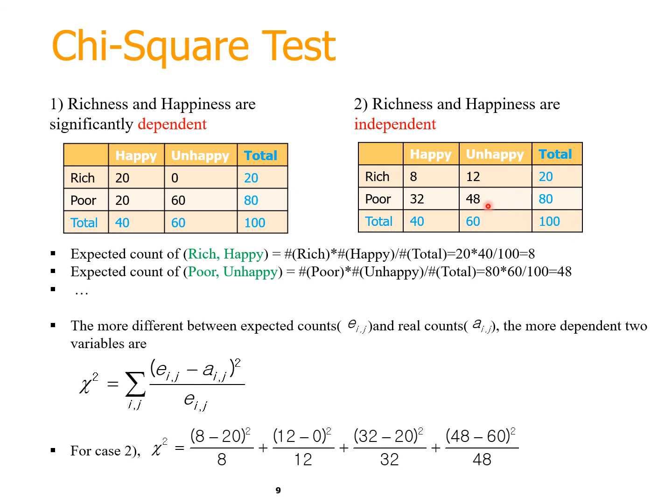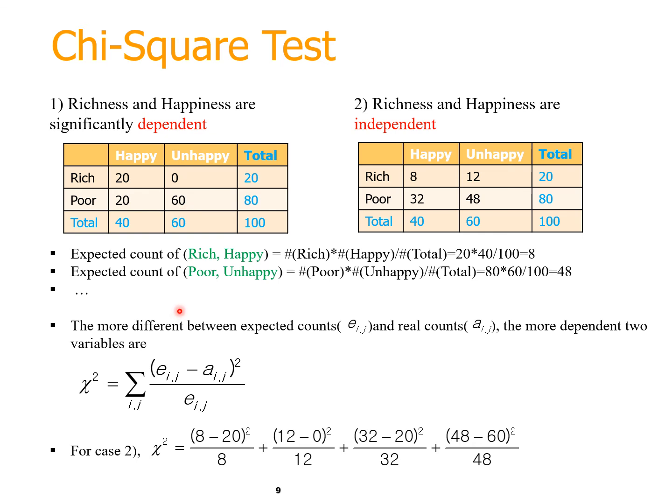And for the case of poor unhappy, you can compute the expected count by computing 80 times 60 divided by 100. So it's mentioned right here. So you have expected counts, and you have actual counts.